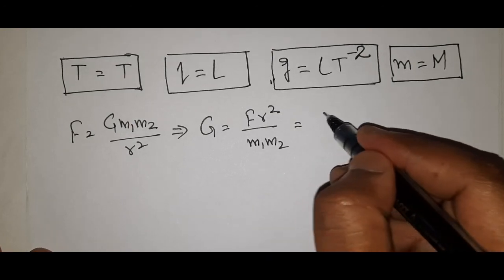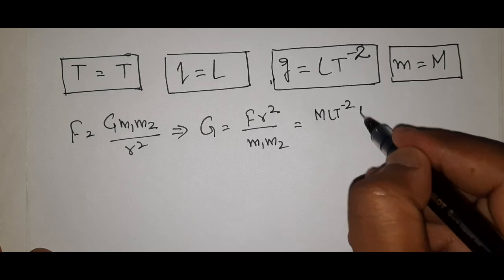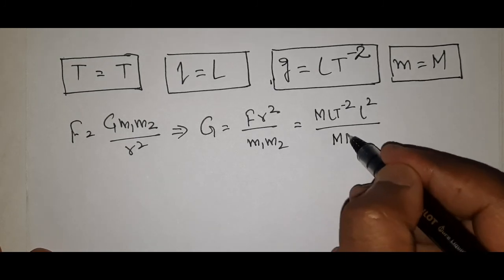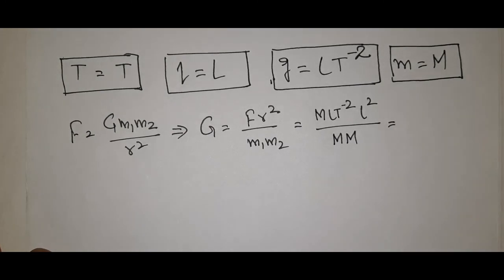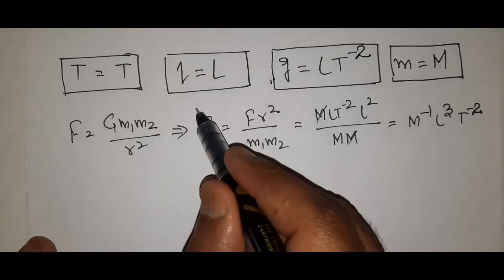F is M L T minus 2, r square is length square, then mass into mass. Solving all this, we get M minus 1, L cube and T minus 2. This is the formula for G now.